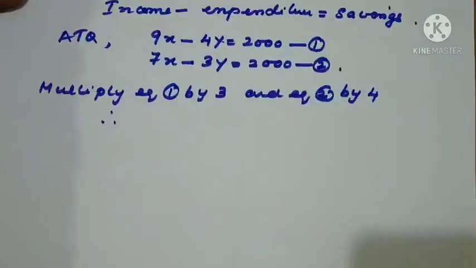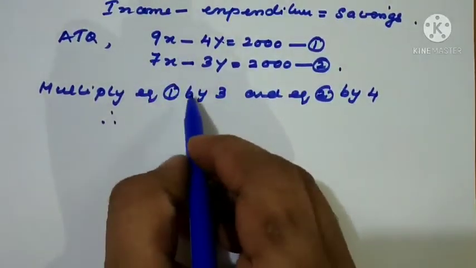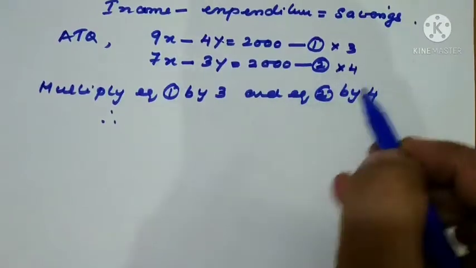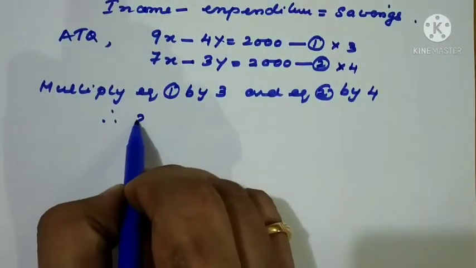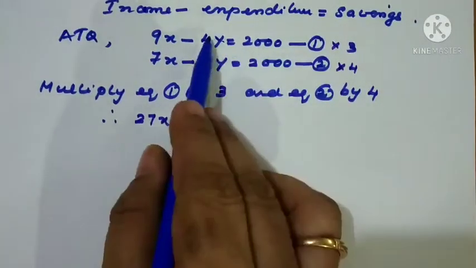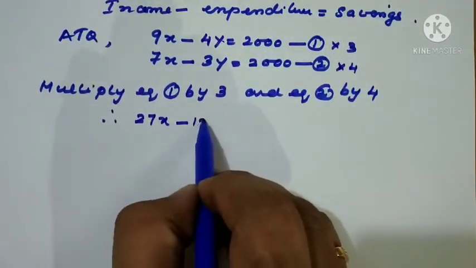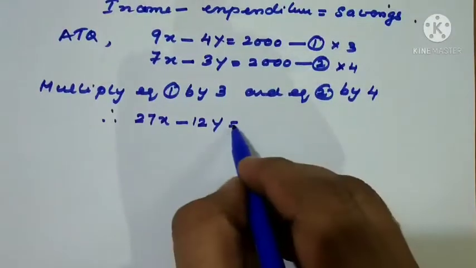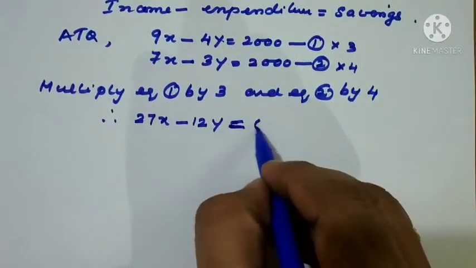Therefore, 9 into 3 is 27x, 4 into 3 minus 12y, and 2000 into 3 means 6000.